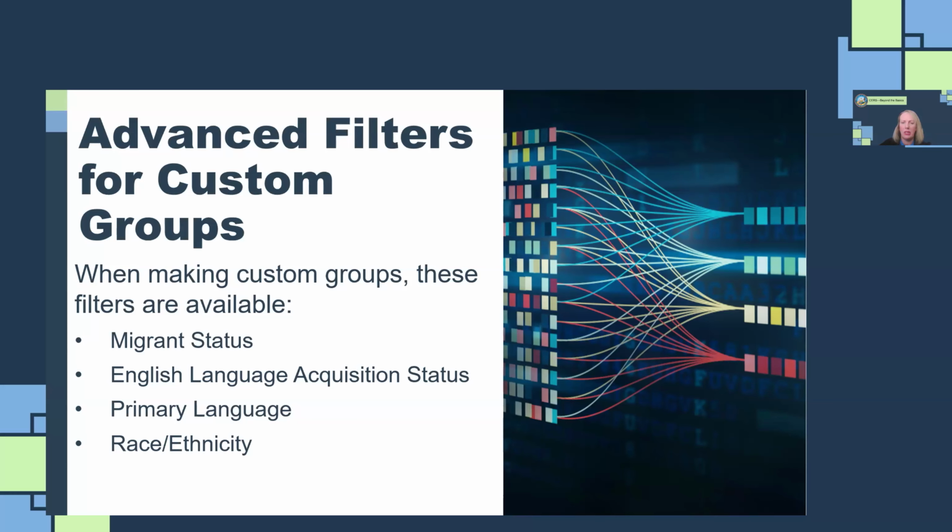Now, I'm sure already in the Q&A, someone might have asked the question, but we get this question a lot. Why are filters such as special education status, foster, and homeless not included? And so we have an answer for you. These categories are not included in the advanced filters because personally identifiable information, we call it PII, about students can only be shared for specific purposes under FERPA.